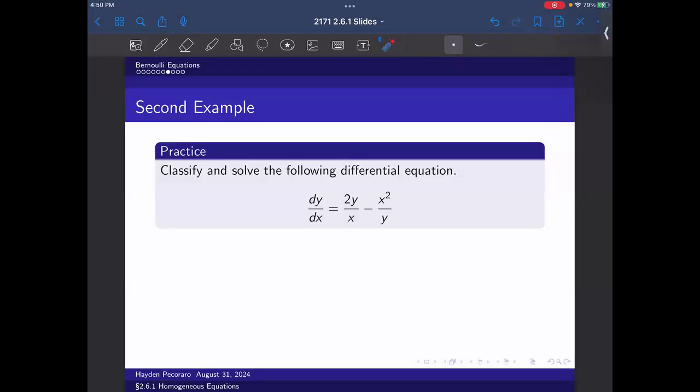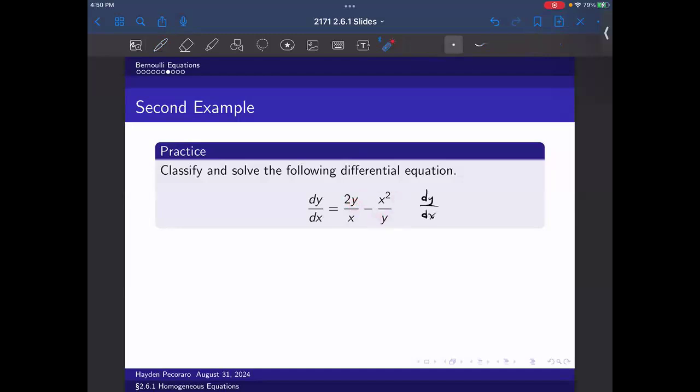All right, seems like we've gone through most of it. So let's do it together. Why don't you guys classify this for me? How do I rewrite it, and what's my value of r? r is -1. A 4 does show up. So we get dy/dx, and then I'm looking for the term with a y to the 1 power.